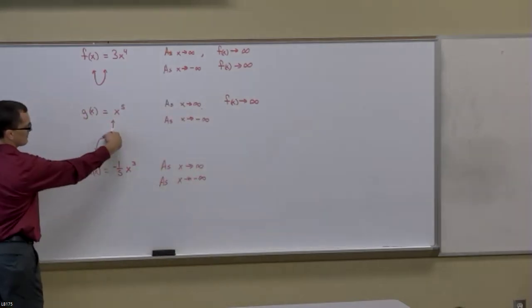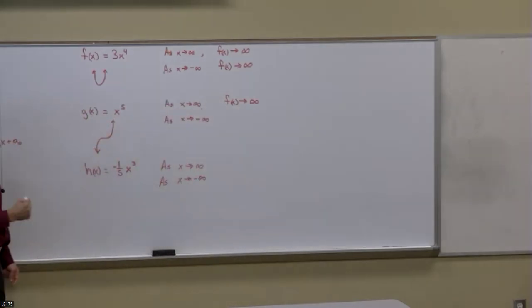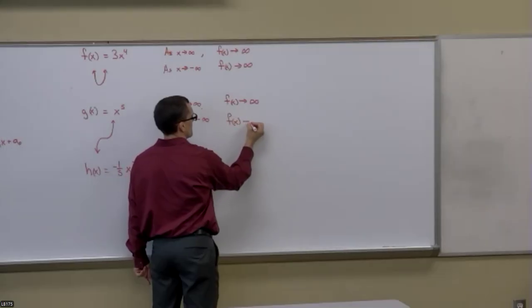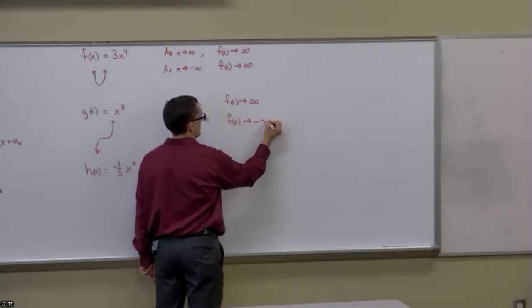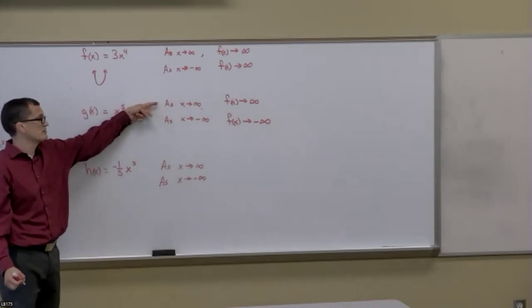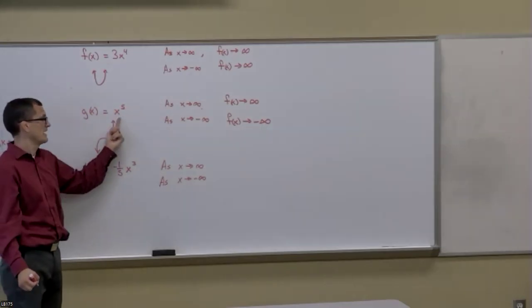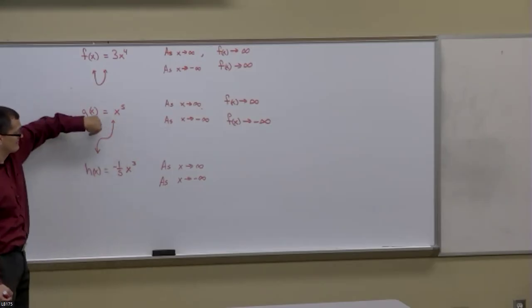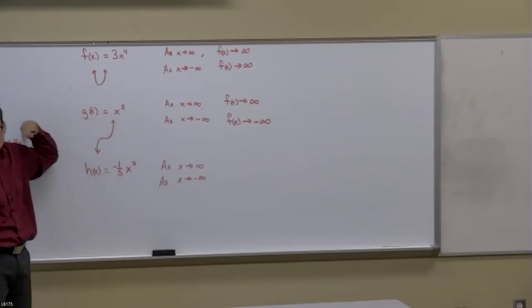As you move left on this graph, it shoots down. So that means the end behavior is this. As x goes to infinity, my f of x goes to infinity. As x goes to negative infinity, my f of x goes to negative infinity.